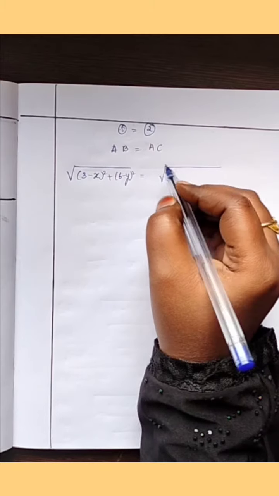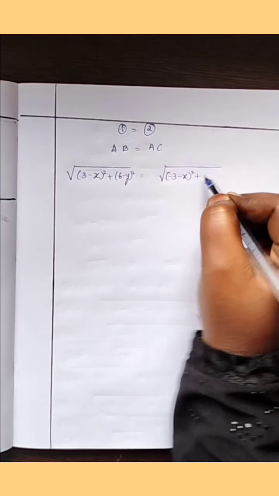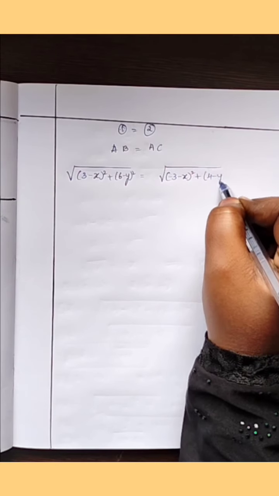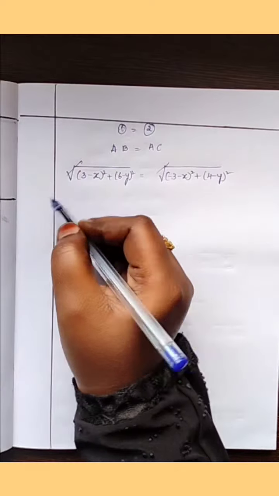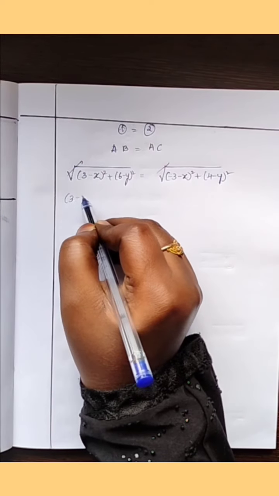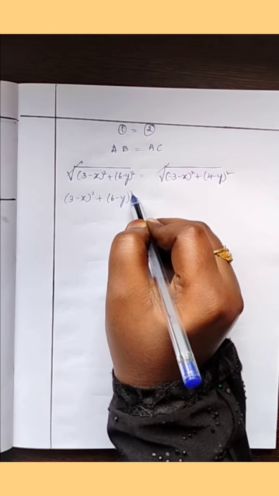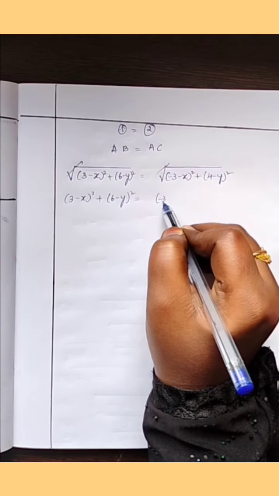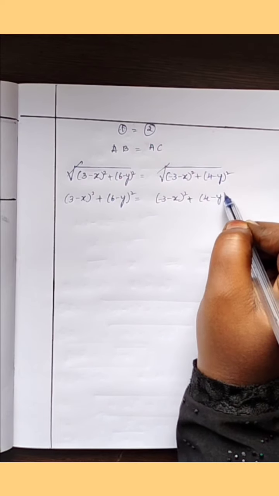AC is equal to root of (minus 3 minus x) whole square plus (4 minus y) whole square. Okay, the square roots get cancelled. Now we have to simplify this. (3 minus x) whole square plus (6 minus y) whole square equals (minus 3 minus x) whole square plus (4 minus y) whole square.